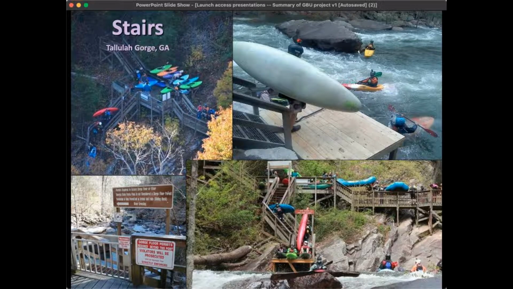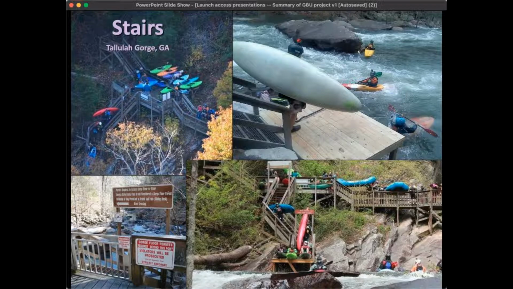But I think this is one that ranks as probably high use but low frequency, and tricky. This is a place where they're going into a class 5 kayaking gorge, and they have to get down a very steep gorge to get there, and they use stairs to do it. And this was fairly elaborate.